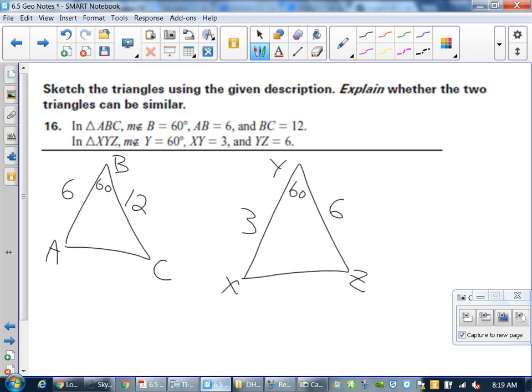The 2 angles match up, don't they? They're middle angles, both 60. Then if you check the side lengths, AB is 6, the corresponding one would be XY. BC is 12, the other one is YZ. Is that a true statement? Yeah. Are they similar? Yeah. That's what you're looking at being able to do.